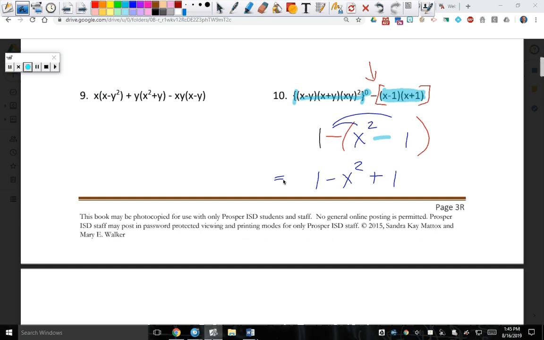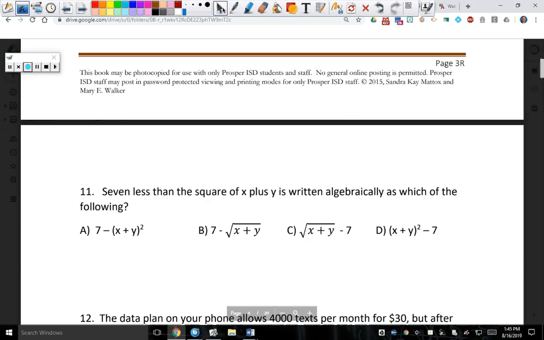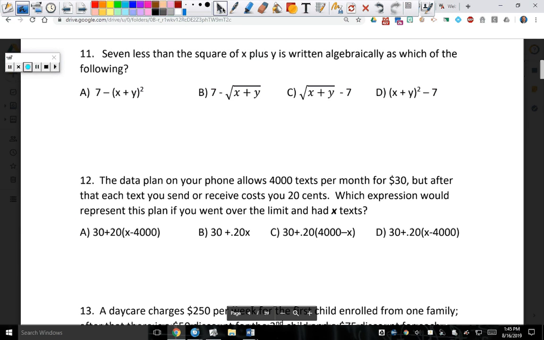So my final answer could be written either like this or like this. You're refining and mastering that algebra, okay? Alright, so let's keep going. And again, this is not to learn it for the first time, but to refine and process quickly.